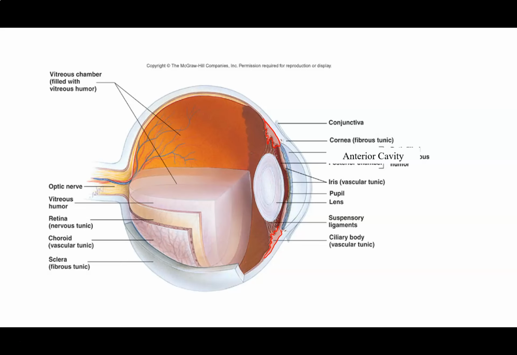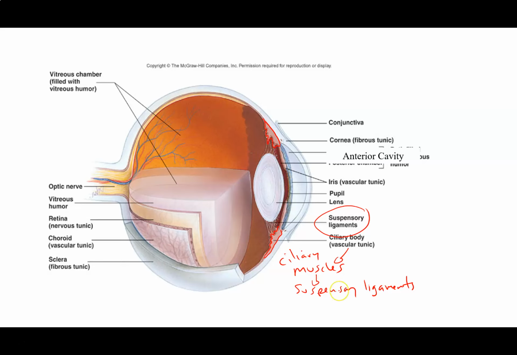The ciliary body is composed of muscles, the ciliary muscles, and the ciliary muscles connect to the suspensory ligaments. When the ciliary muscle contracts and relaxes, it either alleviates the tension on the suspensory ligaments, or it pulls on the suspensory ligaments.